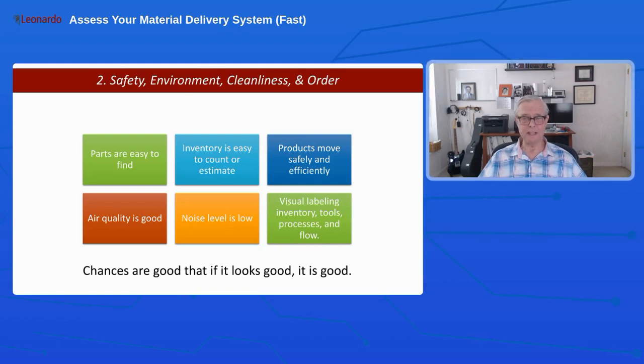So if we needed to count or view the inventory, is it easy to count it or to see it? One thing to look for. Parts are easy to find, again, to locate. That might be how the material is presented at the workstations or how it is stored in the supermarket areas or warehouses.